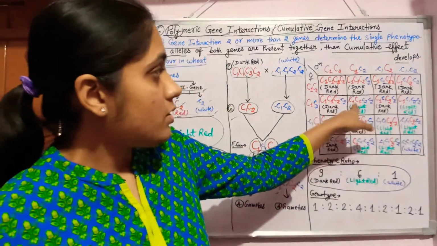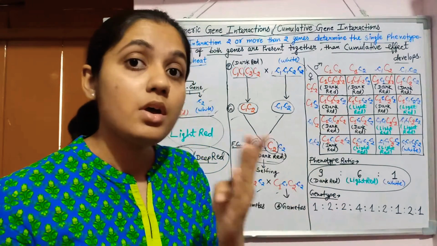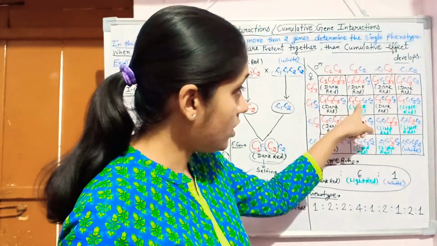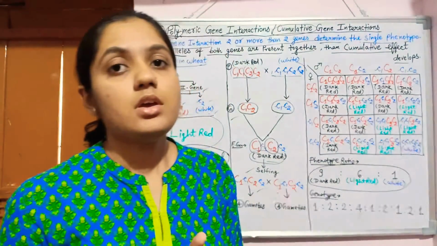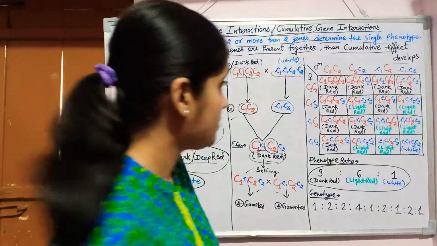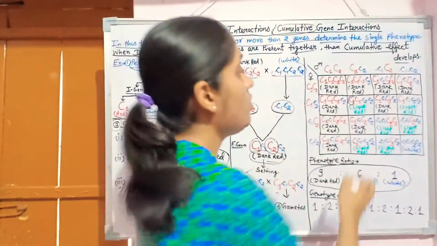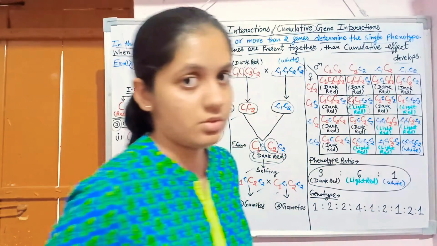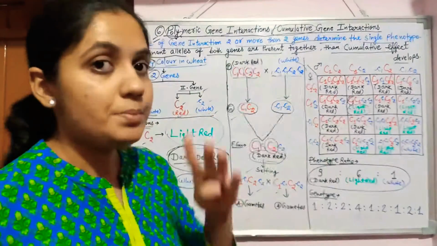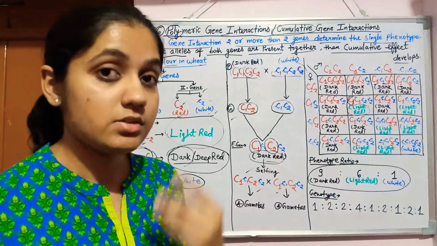Because both the dominant alleles which are from different genes are not present, only one dominant allele from one gene is present. C1 is present, C2 is absent. So the light red color is produced, not dark red. It is because of the absence of the dominant allele from the second gene.